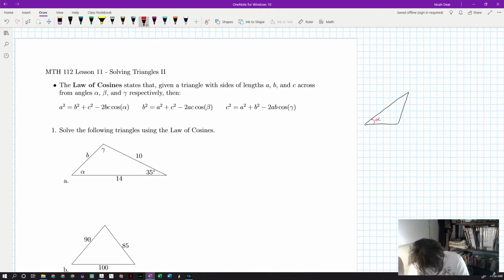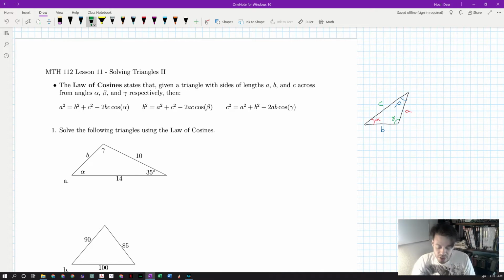So let's see, I have my triangle. If alpha goes across from a, I draw that in there. In blue, I'll have beta. Put that up at the top. The side across from that is little b. And then gamma is the obtuse angle that I've drawn here in the bottom right, and across from that is side c.